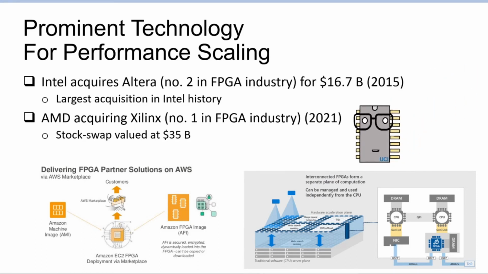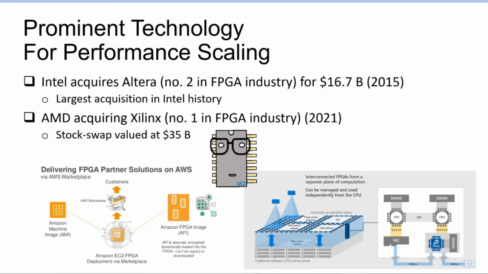And right now, AMD is acquiring Xilinx, which is the largest player in the FPGA industry, valued at $35 billion. So this is kind of the writing on the wall. It's going to be an important piece of technology in the near future.